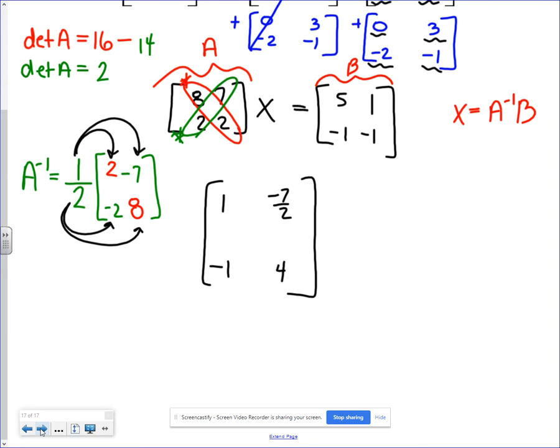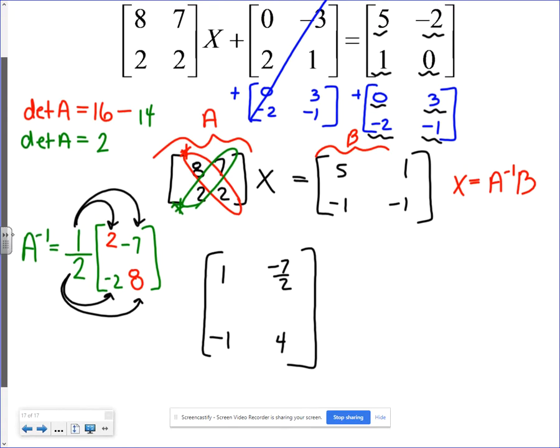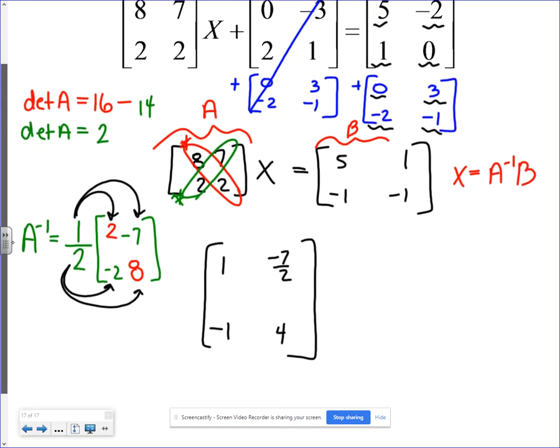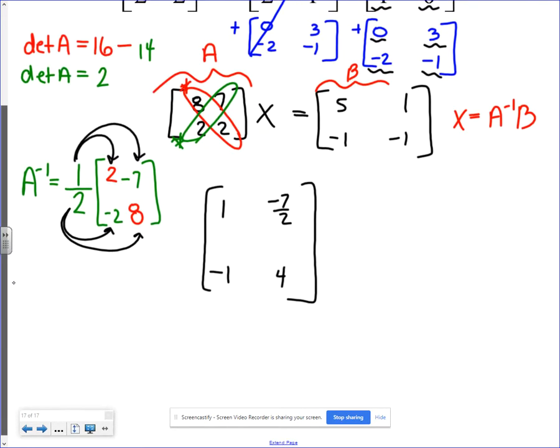Okay? So let me spread this out a little more. Double check that I got those elements right. 1 and negative 1. Okay. Let's draw our dividing lines in.